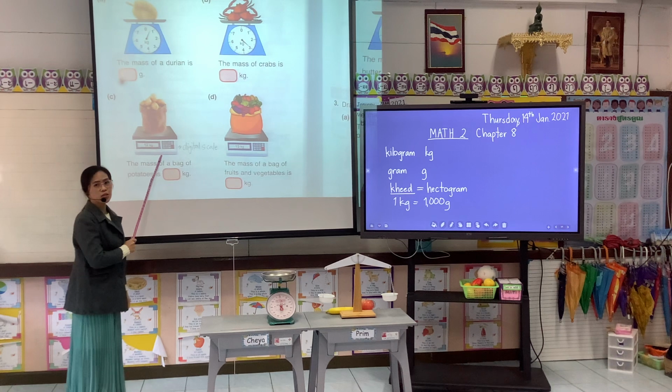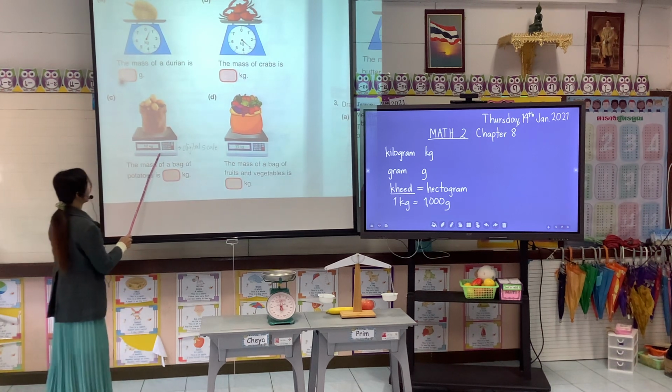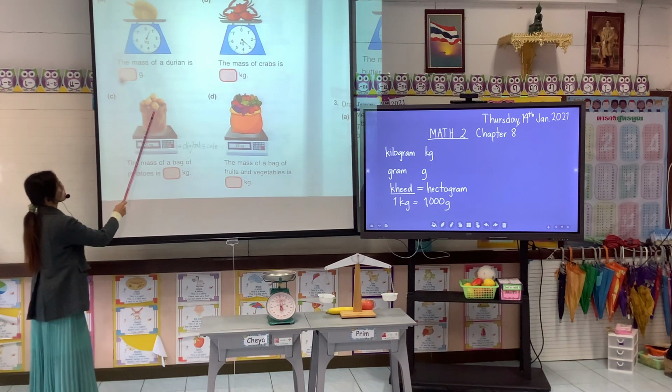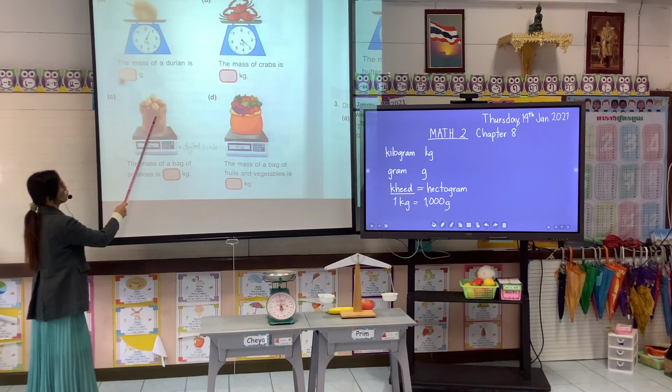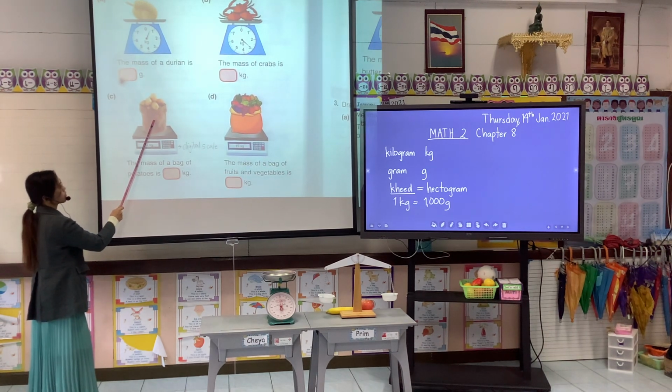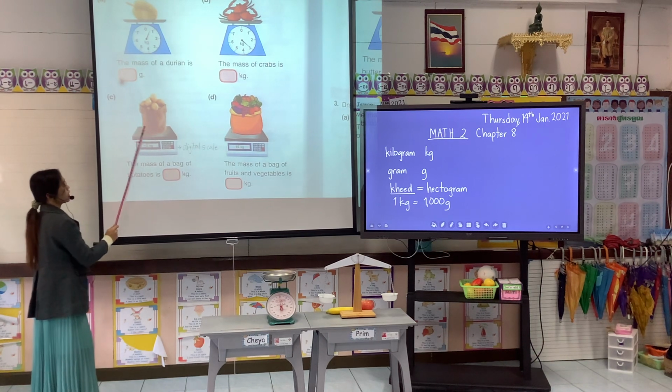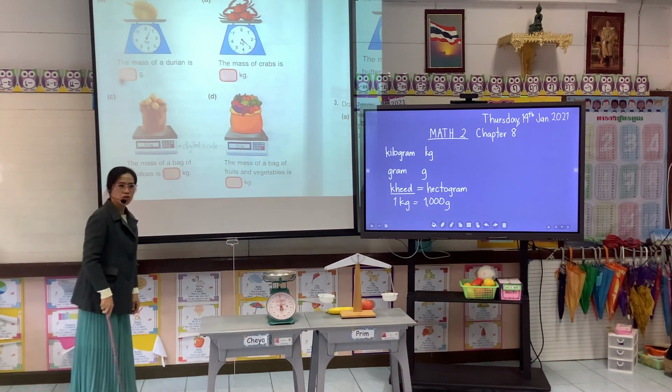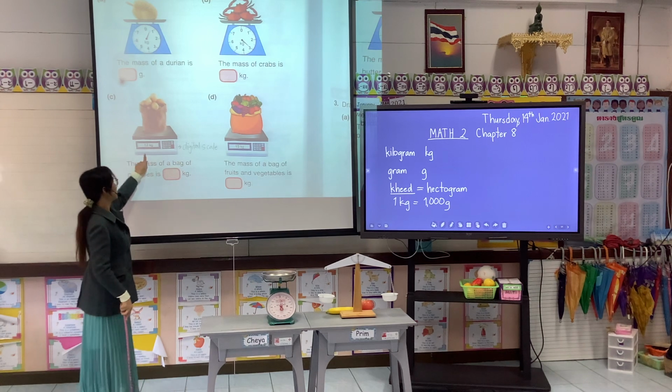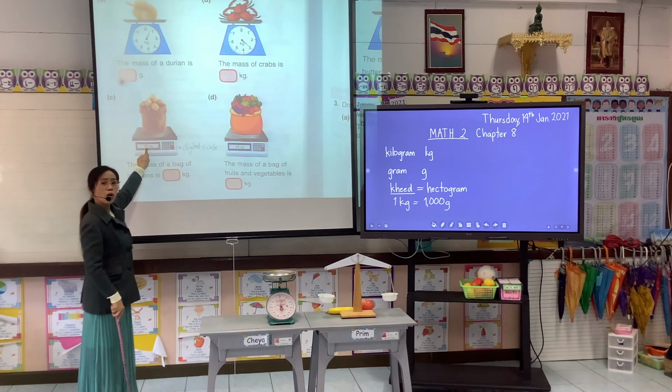We also use this to measure the mass of objects. What is the mass of the potatoes? One bag, a bag of potatoes. And in a digital scale, it's easier to read because the scale shows only the number, the exact mass of the object.